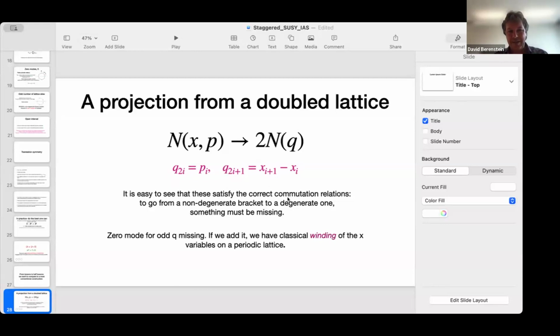This is something I have in progress, and I haven't finished doing all the computations, but in principle, you can do even better. So you go from X and P to 2n minus 2, and you do some extra things with the other two to get rid of some part of the X and P and make sure that you get the correct lattice algebra with the full set of even Qs and odd Qs and zeros.